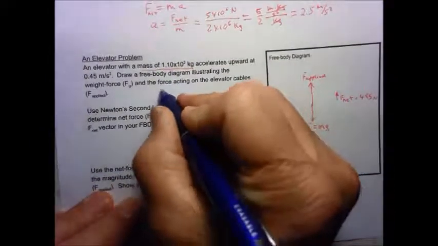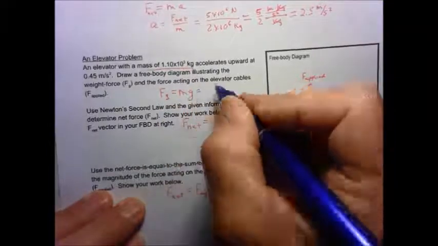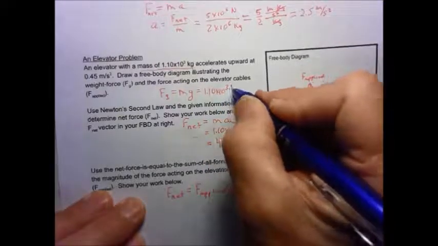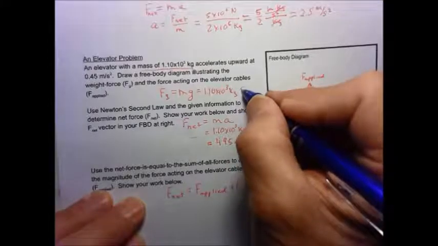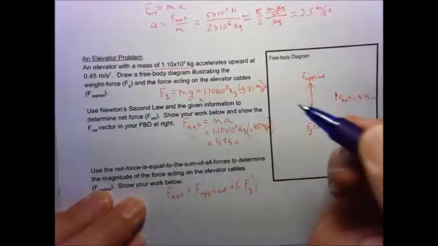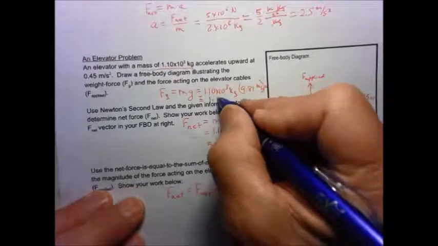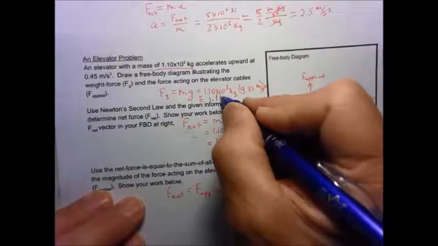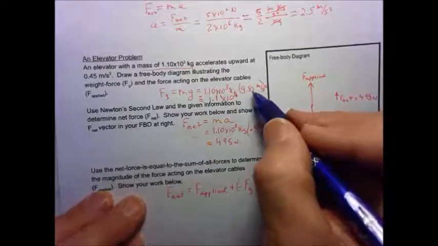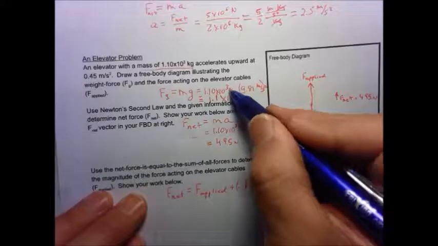FG is equal to the mass of the elevator times the acceleration of gravity, which is 1.10 times 10 to the 3 kilograms times 9.81 meters per second squared. So that is approximately 1.1 times 10 to the 4. Since that number is like 10, it's like multiplying by 10, so in scientific notation we're increasing the exponent from 3 to 4.